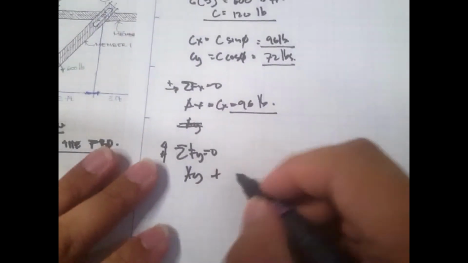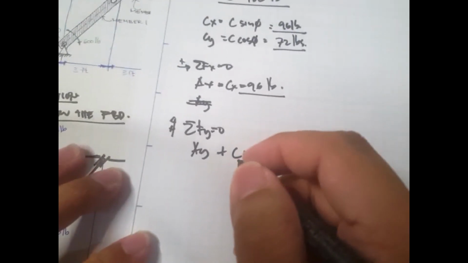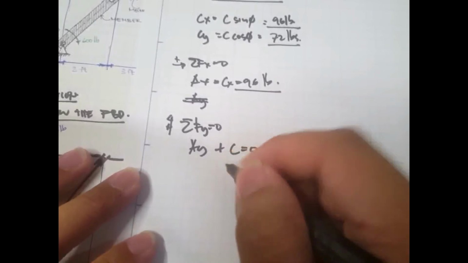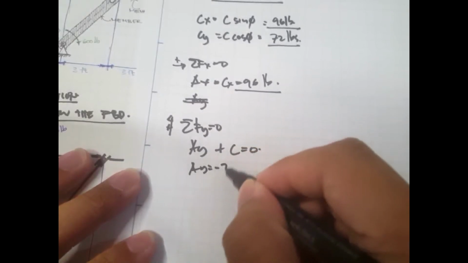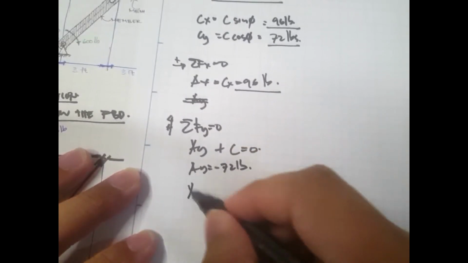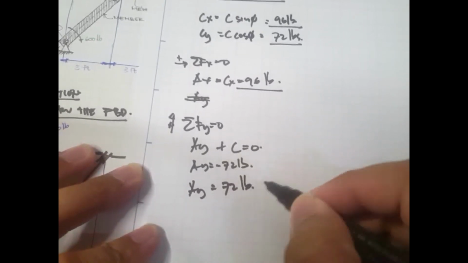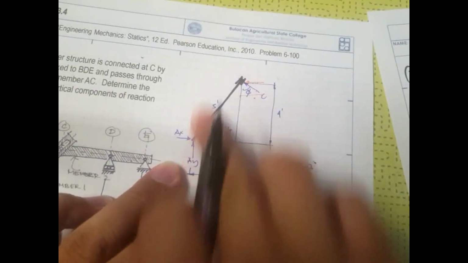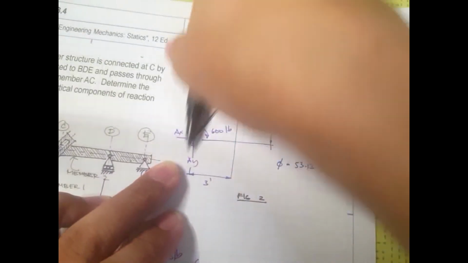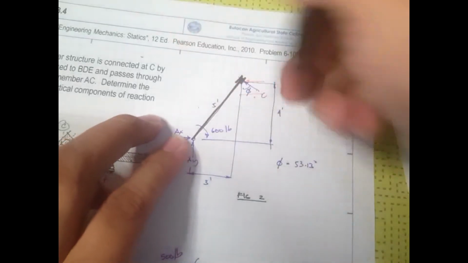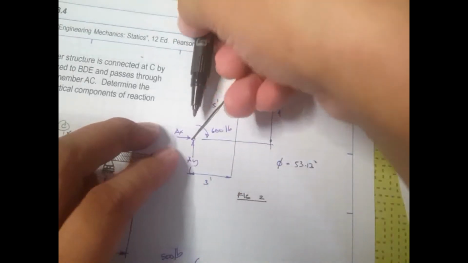So AY plus C is equal to 0, and AY is equal to negative 72 pounds. Therefore AY is equal to 72 pounds, but the direction should be downward. Instead of this upward direction, the AY value is downward. That makes sense because this one is upward, so this one should be downward.